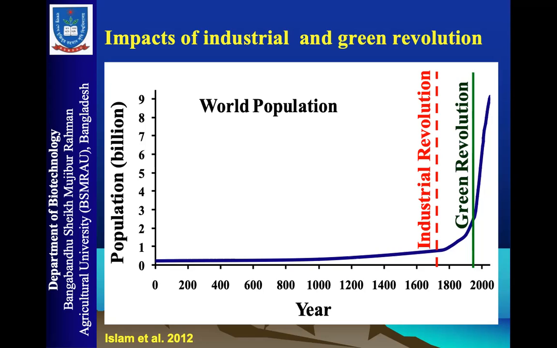It helps us to accommodate 1,000 people in an area where only one family could survive, so you can make skyscrapers or multi-story buildings for accommodation. And by using the engine, what can you not do? You can fly from Bangladesh to America or any other country. All these things are possible due to the industrial revolution.